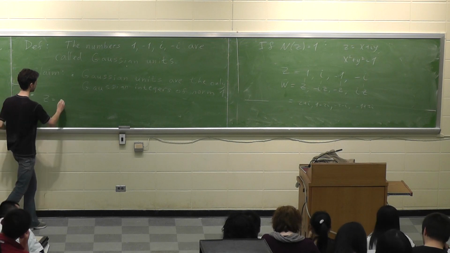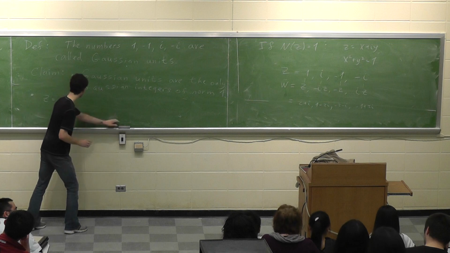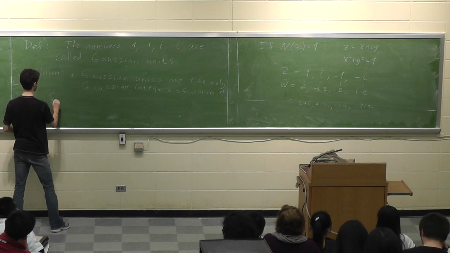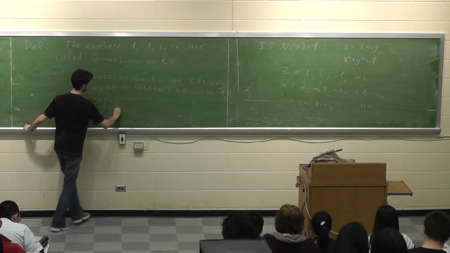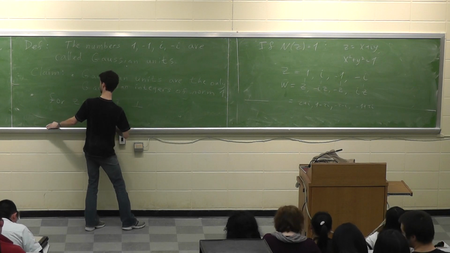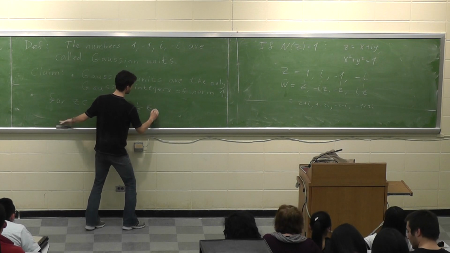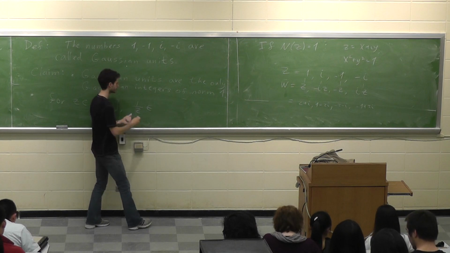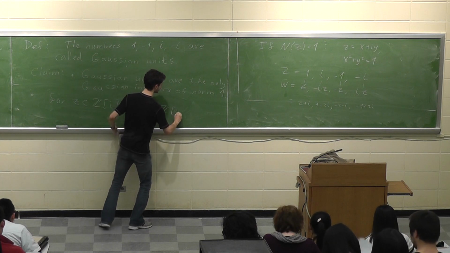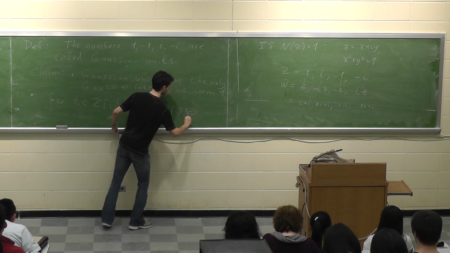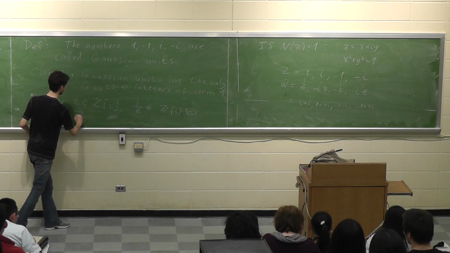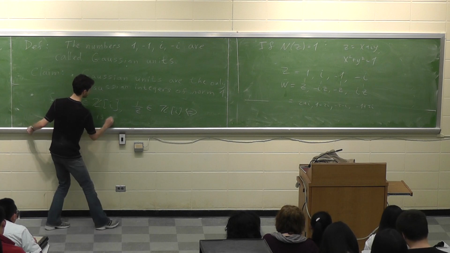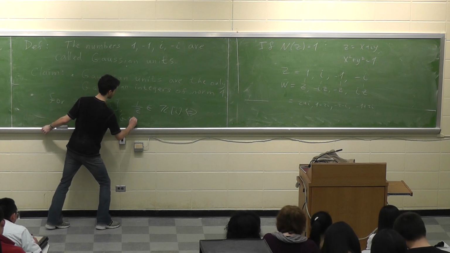Z is a Gaussian integer which is required to have its inverse, 1 over it, also be a Gaussian integer. Being invertible is the same as saying that it's a unit. So Z is a Gaussian unit.